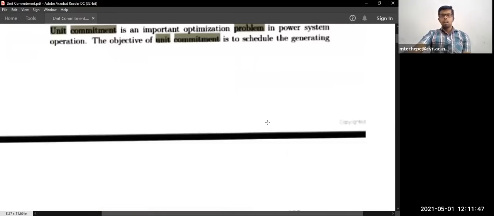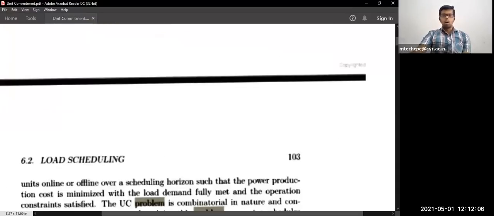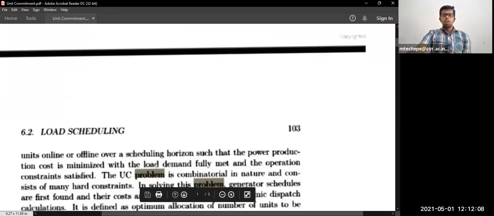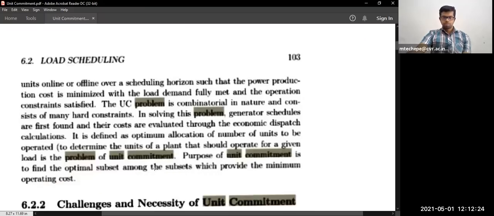So the definition of the unit commitment problem goes like this: it is an important optimization problem in power system operation, whose major objective is to schedule the generating units online or offline over a period of time, that is the scheduling horizon, such that the power production cost is minimized with the load demand fully met and the operation constraints satisfied. That is called the unit commitment problem.